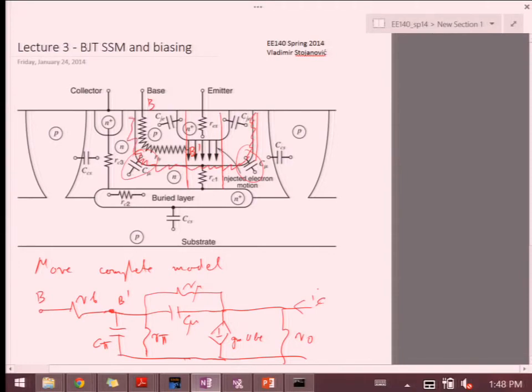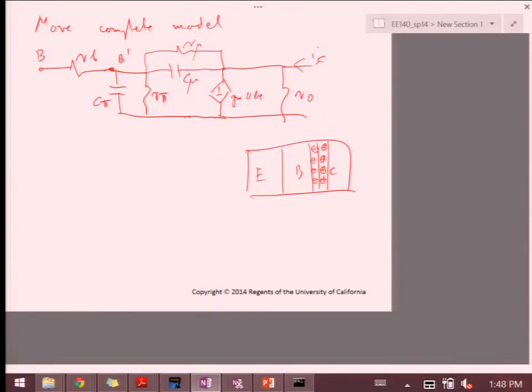Early in chapter 1, when you look at the p-n junction, there's a routine derivation for C mu. We'll call this the base-collector depletion cap.